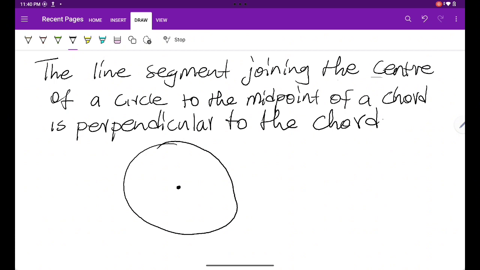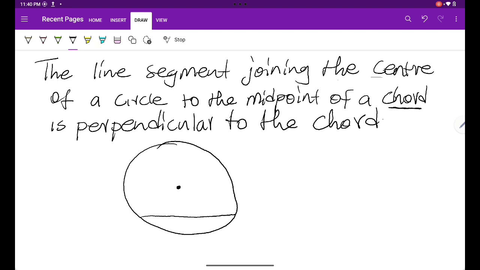Right, so we have a circle with a center, and then we also have a chord. We must have a chord, and then we must have a line from the center.